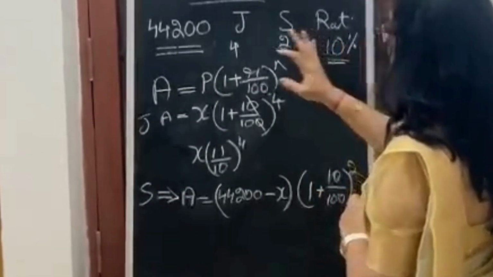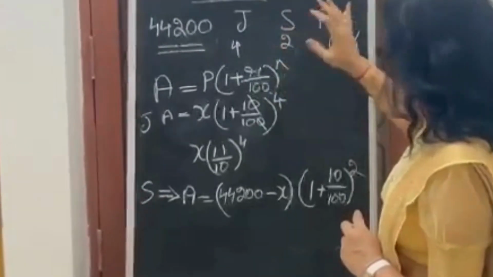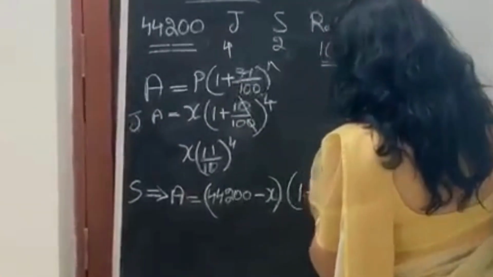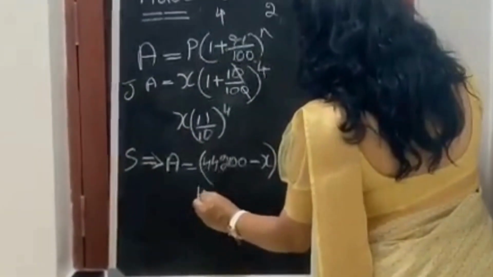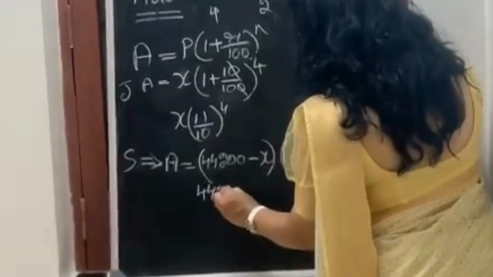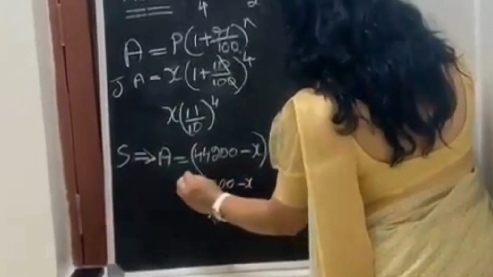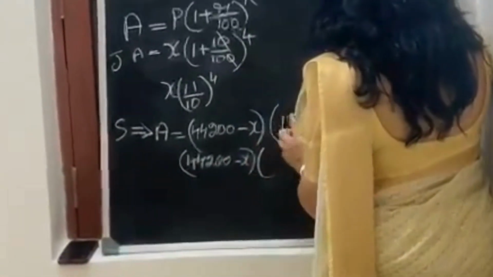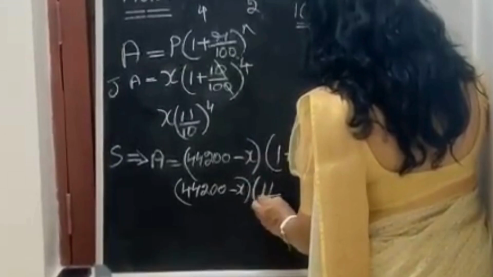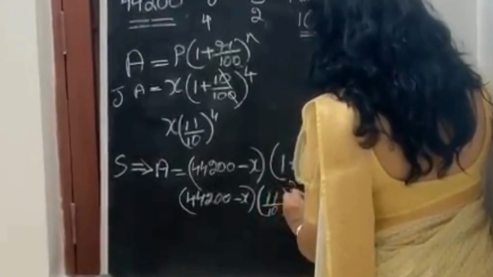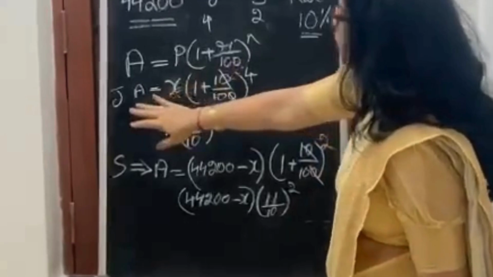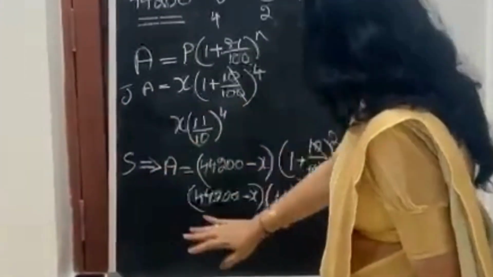Why 2? Because he's 14 years old. After 2 years, he will be 16 years old. Again this is cancelled. So it will be 44,200 minus X, here it will be 11 by 10 to the power of 2. So the John amount is this and Smith amount is this.